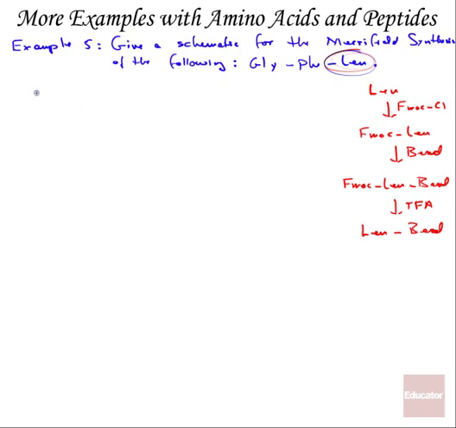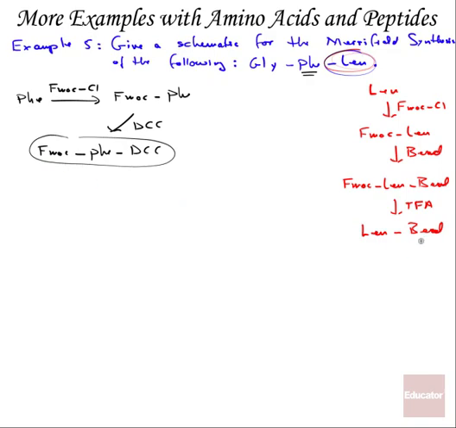Okay, now over here I'm going to do this in black. I'm going to work with my phenylalanine. So I'm going to take phenylalanine and react it with FMOC chloride, so I'm going to protect its amino group. So I get FMOC phenylalanine. Then I'm going to react it with the DCC, dicyclohexylcarbodiimide, and I get FMOC, the phenylalanine, and my DCC. And this is what I'm actually going to take and react.